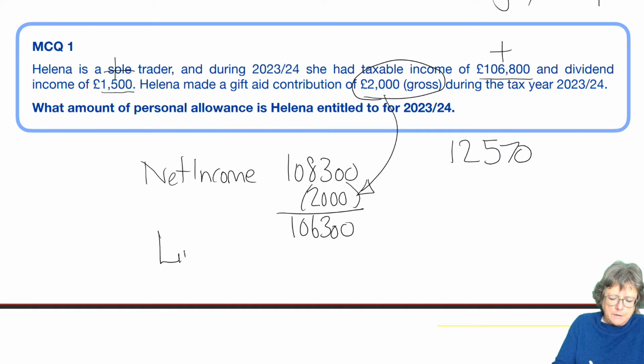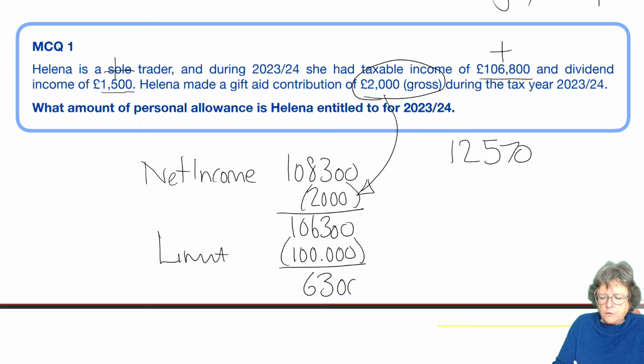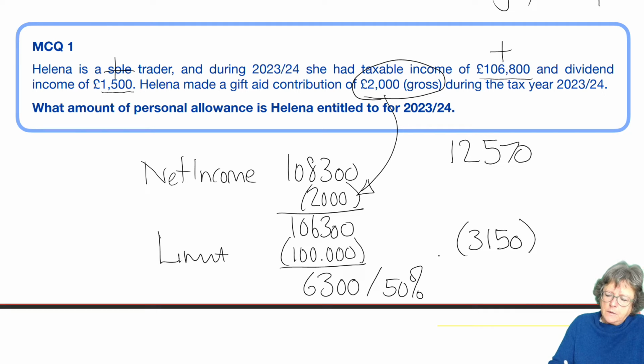The limit is 100,000. So we've got a balance of 6,300, which we need to do 50% of, which is 3,150, giving her an adjusted personal allowance of 9,420.